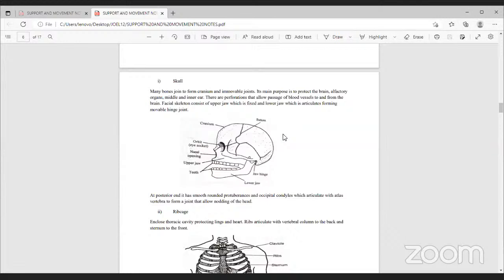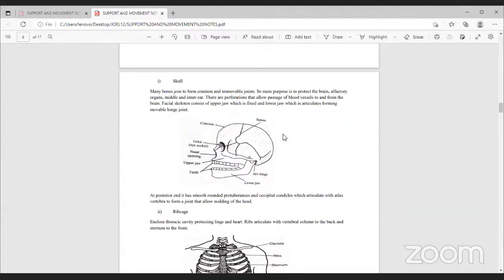Now, the skull has some functions. One of the functions of the skull is that it provides protection to the brain. Number two, it also provides protection to the olfactory organs.